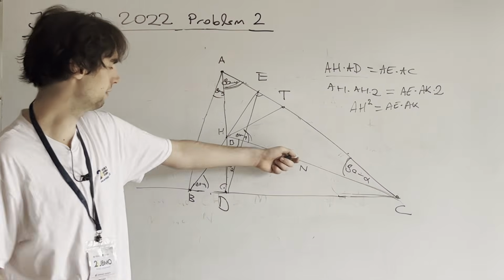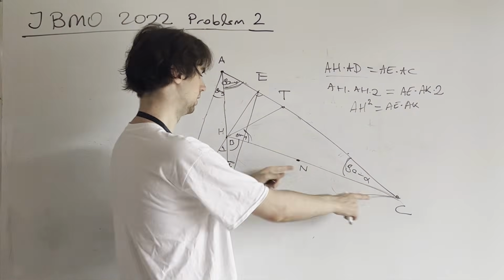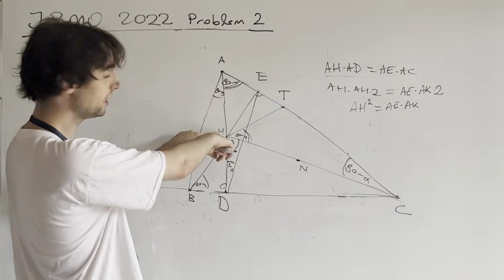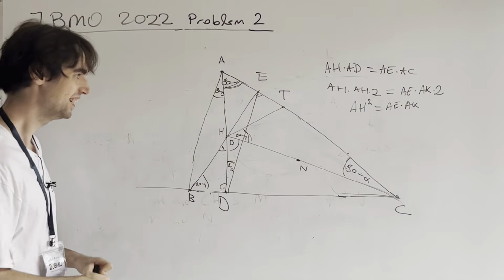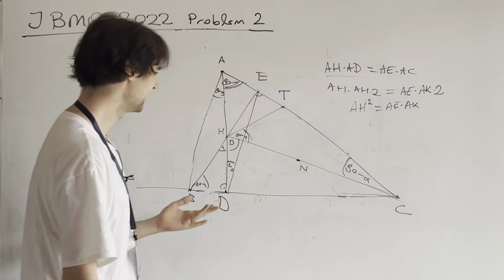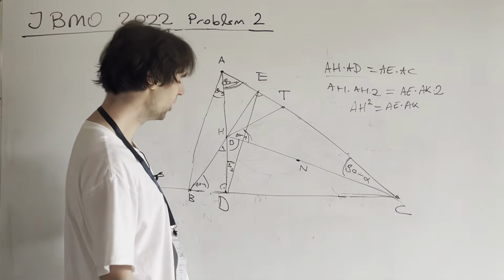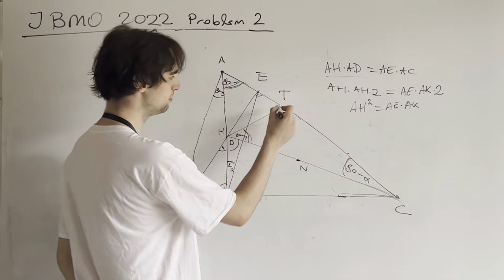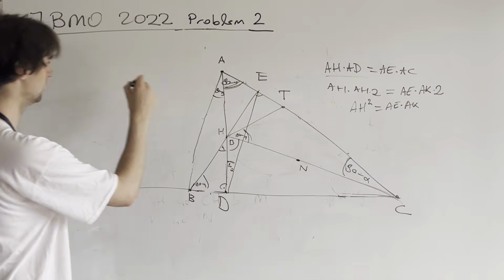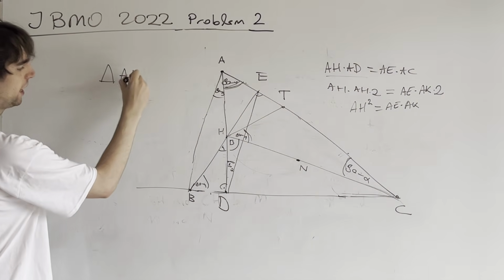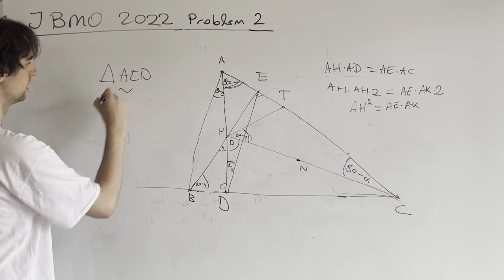Now here we have an N, what corresponds? Okay, it's on HC, so that means it's on AD, it's H. Yeah, it's H that we're looking at. So this means that the triangle AED is similar to a triangle.